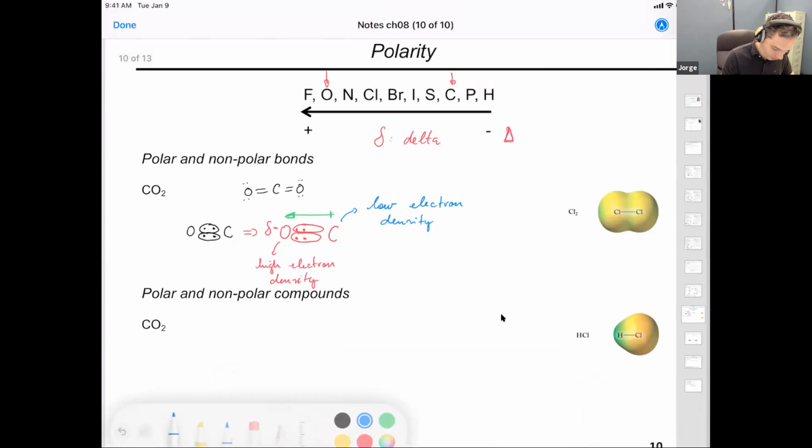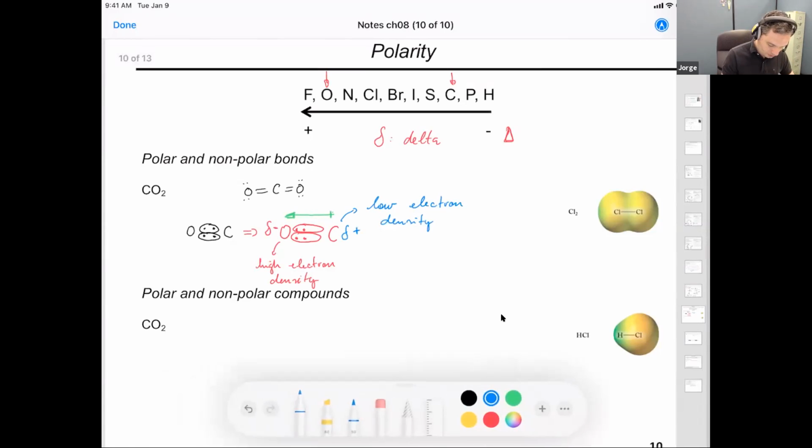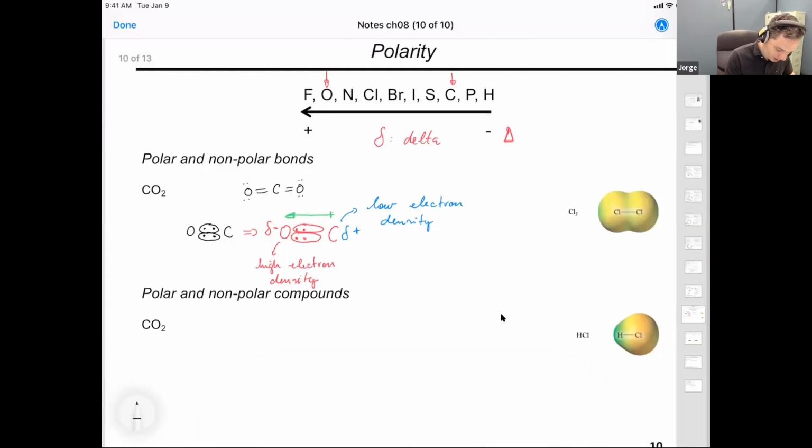And therefore we have a delta plus at the carbon because we have low electron density at the carbon atom. So you may see this kind of representation usually like that. Okay, so a delta plus and a delta minus.